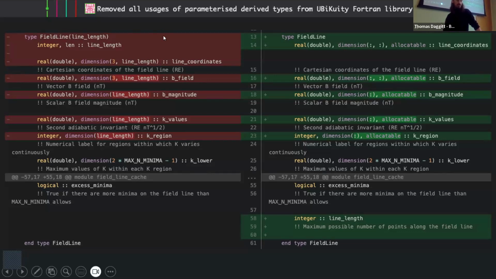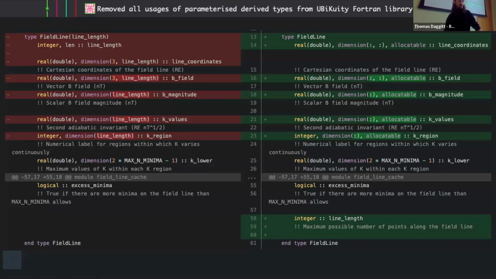So the parameterized version takes one or a couple of arguments that can decide something like the size of your arrays inside the derived type, or the type of them. So you could say I want this particular parameterized derived type to be double floating points or integers or whatever.